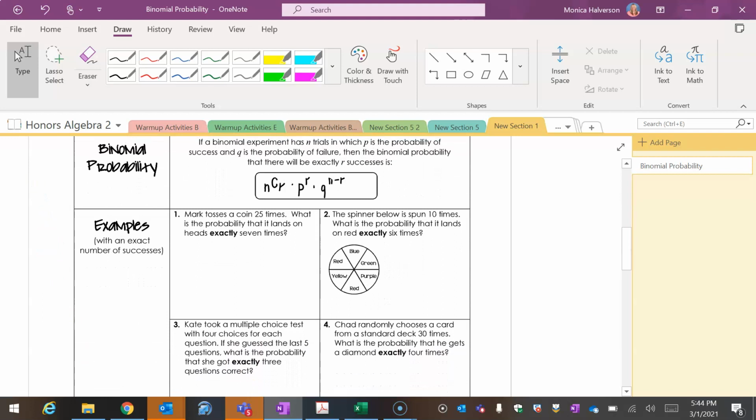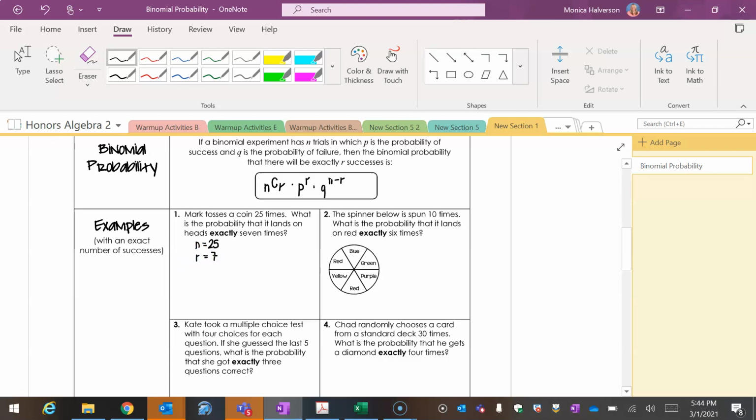Mark tosses a coin 25 times. So right away, we know that the number of trials, n, is equal to 25. What is the probability that it lands on heads exactly 7 times? So it tells us that R is equal to 7 because that's considered successful.